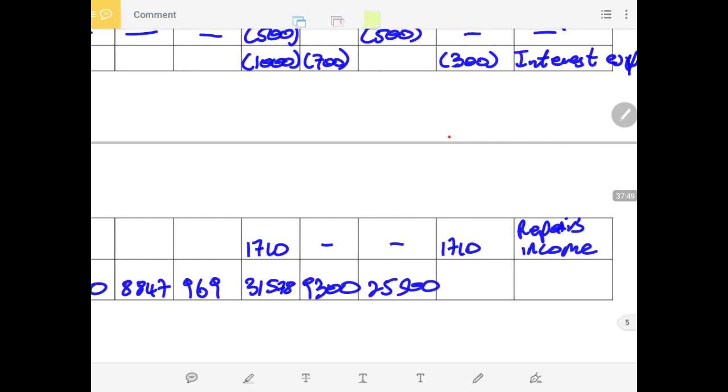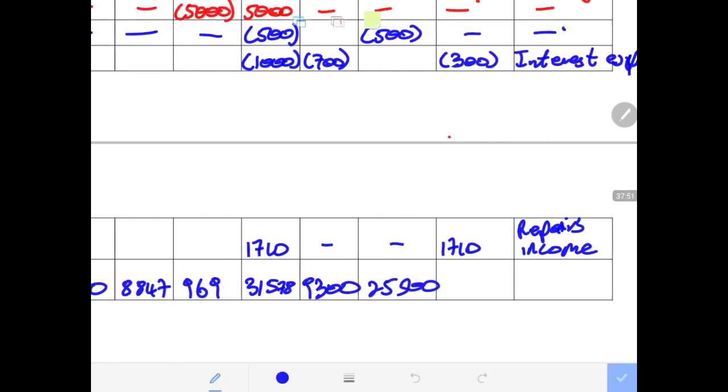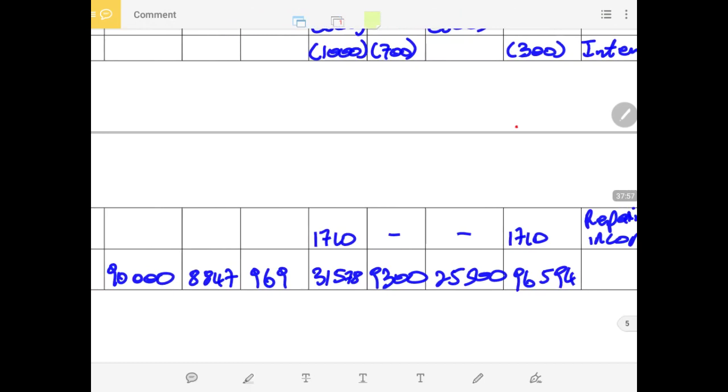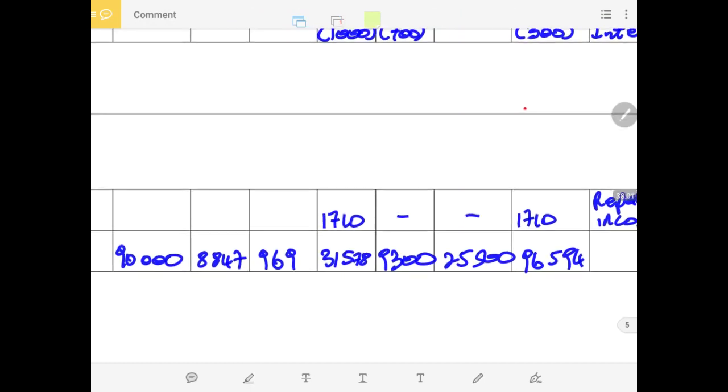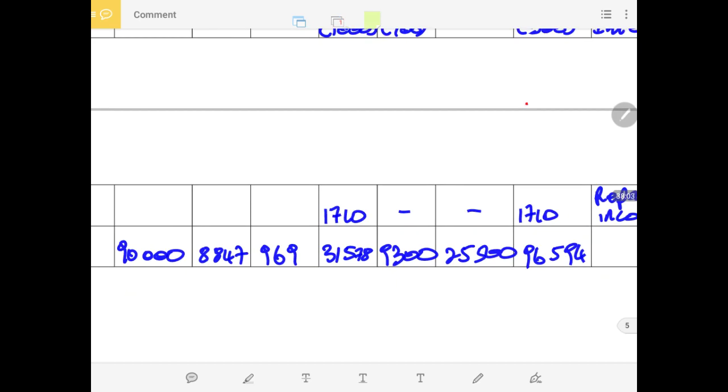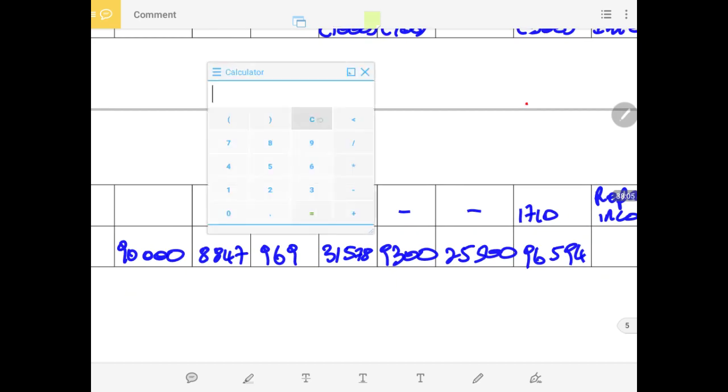And the last one is 96,594. So now these are the totals of the assets, liabilities, and owner's equity at the end of this month.